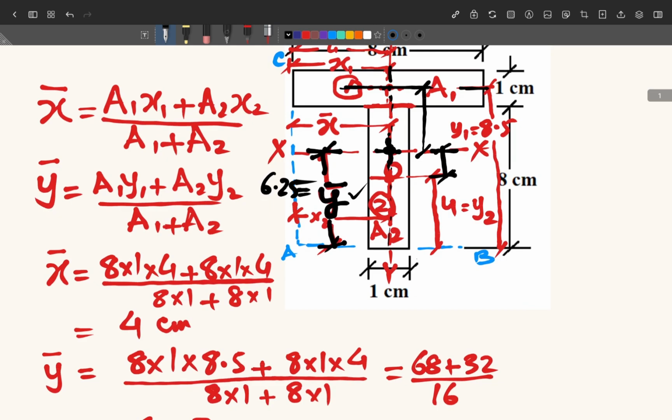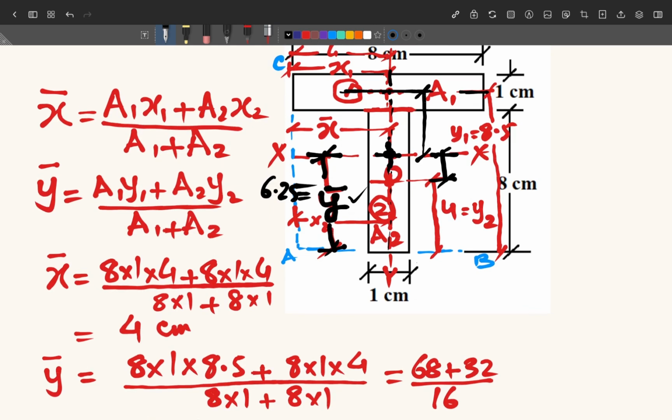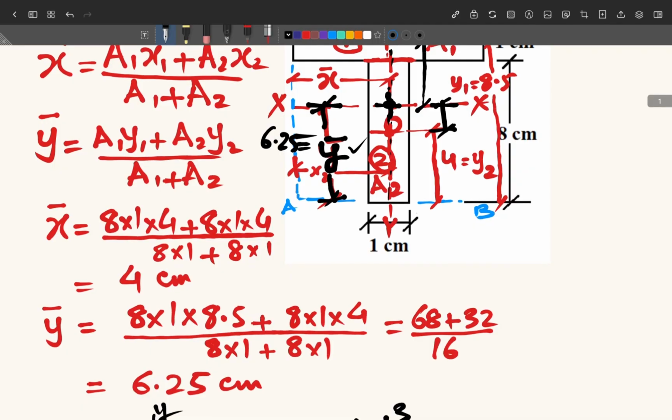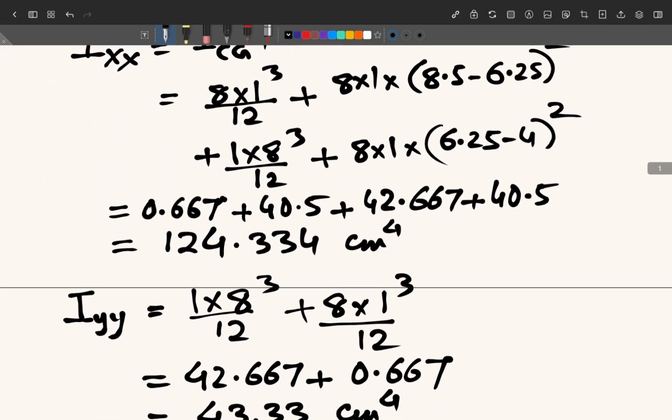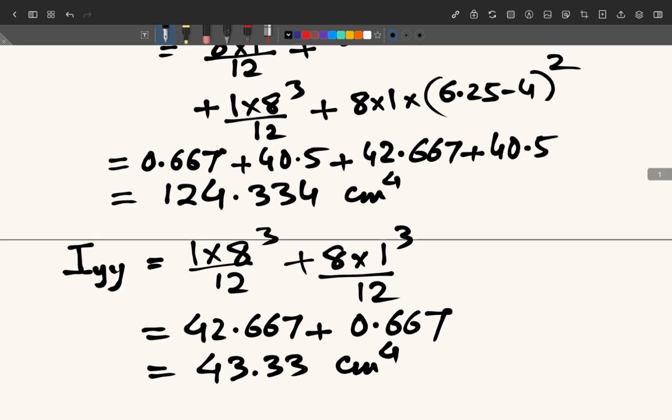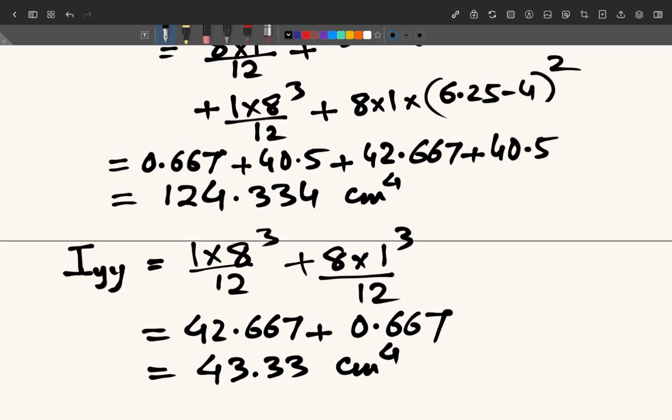Similarly, if there are 3 areas, you can add the same thing. If there are 4 areas, you can say a1 x1 plus a2 x2 plus a3 x3 plus a4 x4 divided by a1 plus a2 plus a3 plus a4, like this. I hope this calculation has helped you in learning how to calculate the moment of inertia of these plane sections.